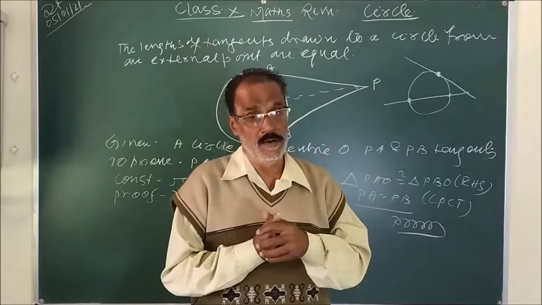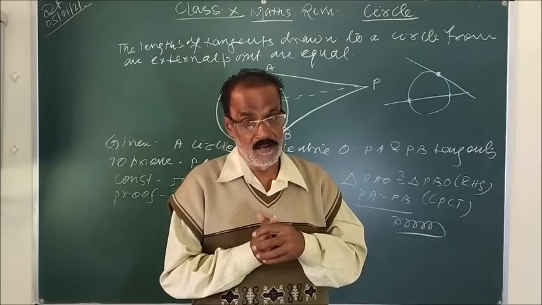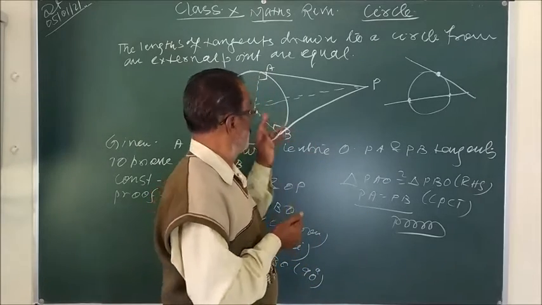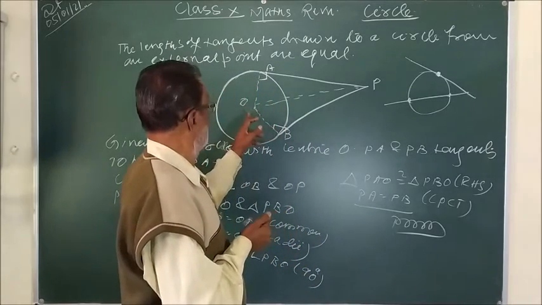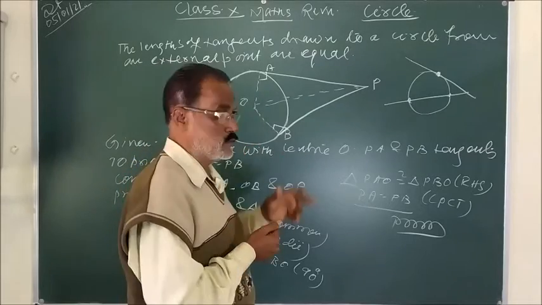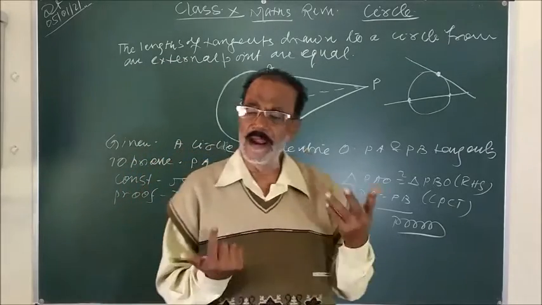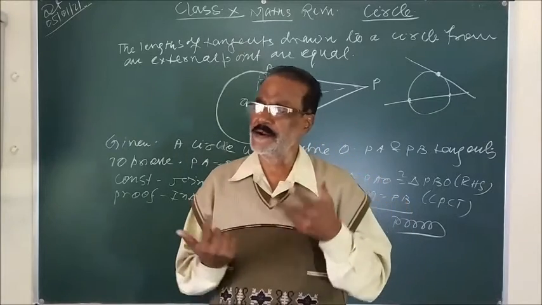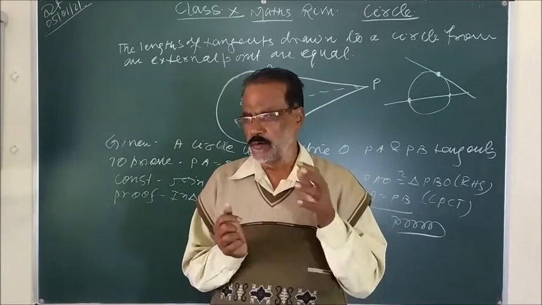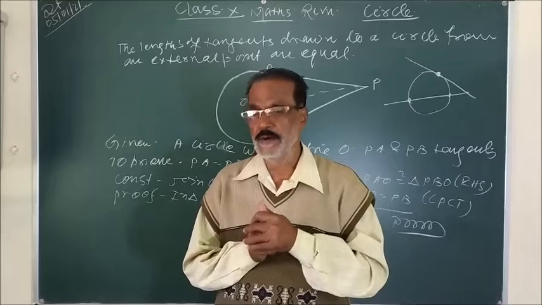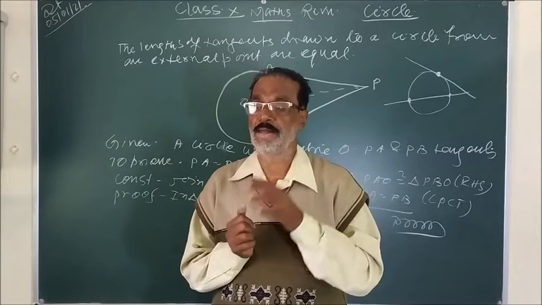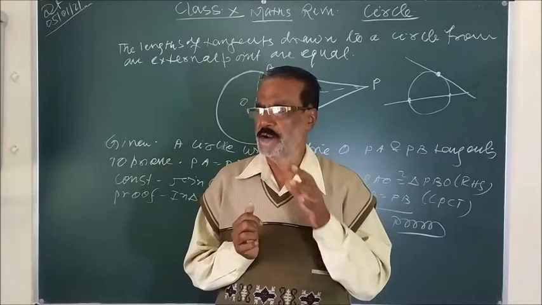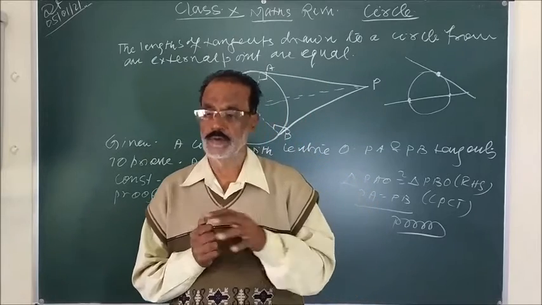No tangent can be drawn, because if you take a point in the circle and draw a line through that point, that line will intersect the circle at 2 points. So you cannot draw a tangent. So maximum 2 tangents can be drawn from an external point to a circle.